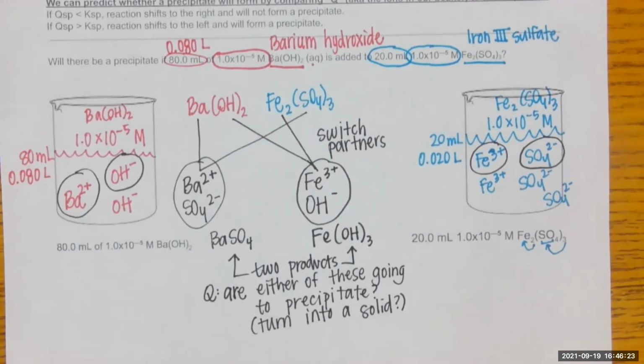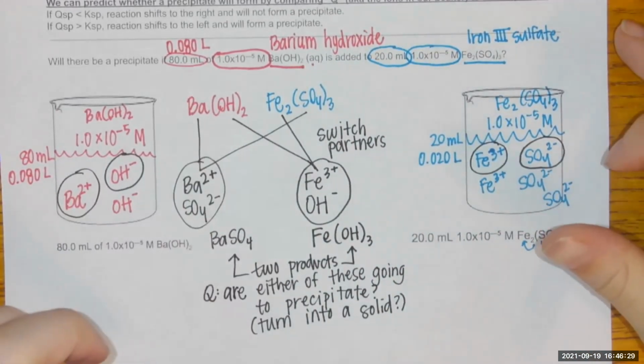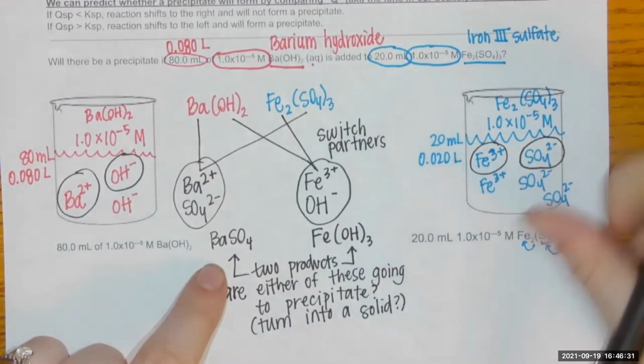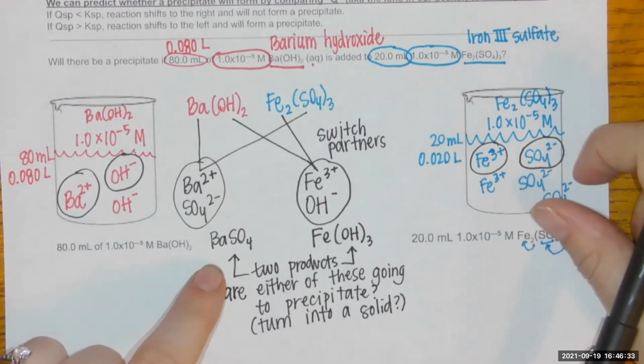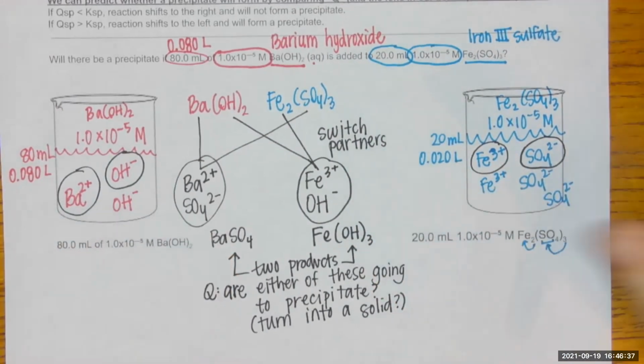So far, so good. Hopefully, rewatch that part if you're having struggles. Now, how do we know if these are going to be a solid or not? Is there like a threshold value or something that we can compare?